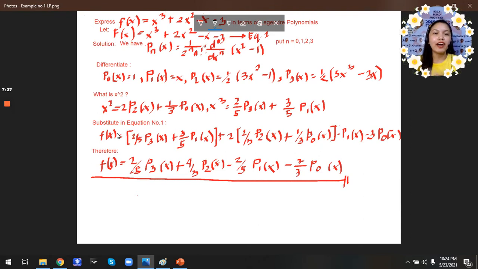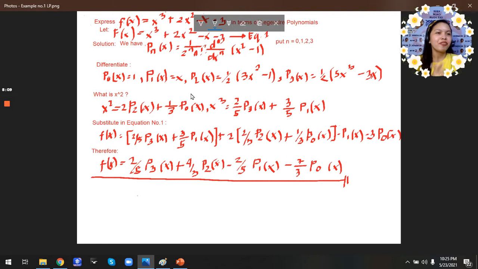So therefore, the final answer here is f of x equals 2/5 P sub 3 of x, plus 4/3 P sub 2 of x, minus 2/5 P sub 1 of x, minus 7/3 P sub 0 of x.